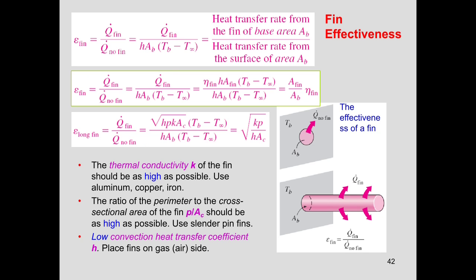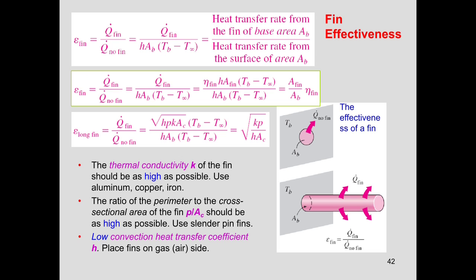Okay. Now we will see the fin effectiveness. Effectiveness of fin, denoted by epsilon, is equal to Q of fin divided by Q of no fin. That means we have the heat transfer rate from the fin for a base area A_B divided by the heat transfer rate from the surface area A_B. So it is the actual heat transfer rate from the fin divided by how much heat transfer would take place if the fin is not there, which we find from the heat transfer rate from the base area.